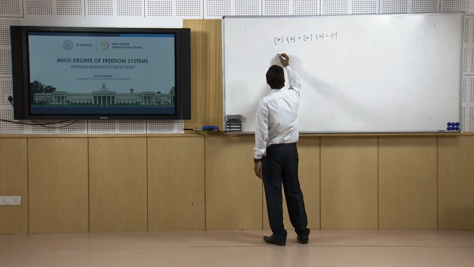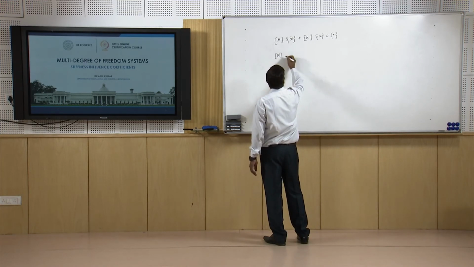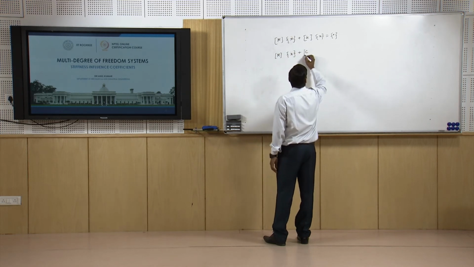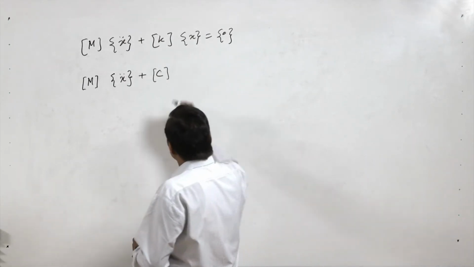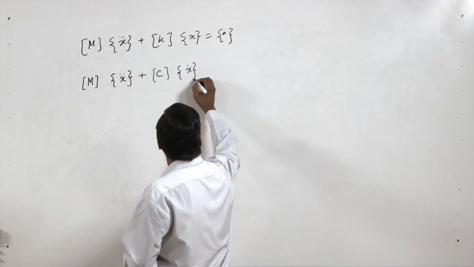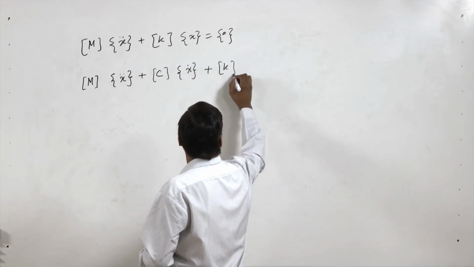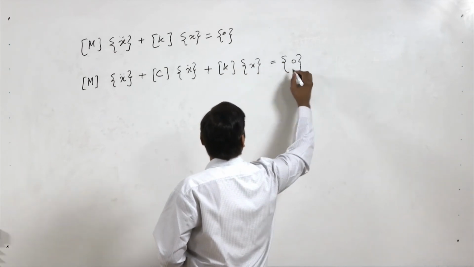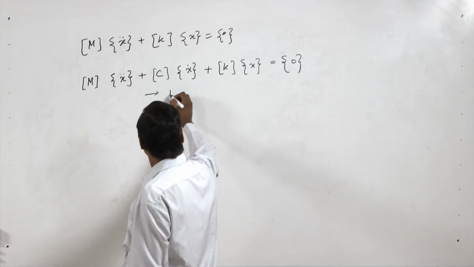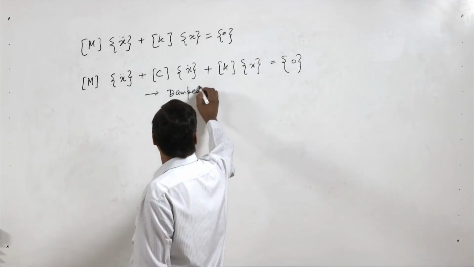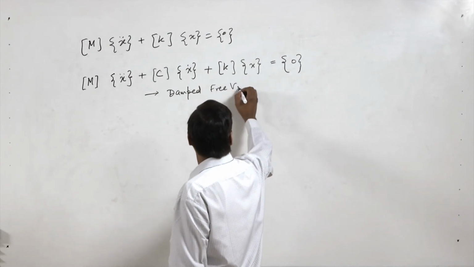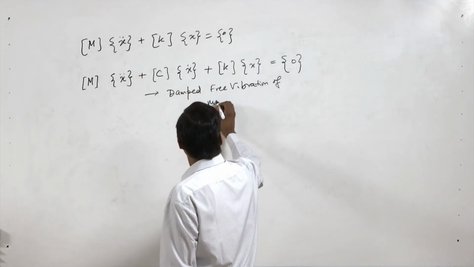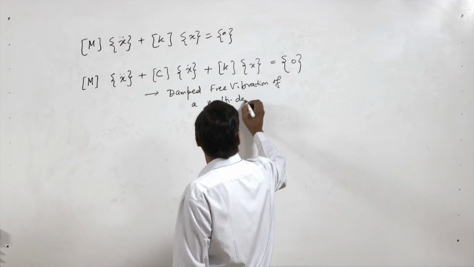So we can write this equation of damped free vibration of a multi degree of freedom system.